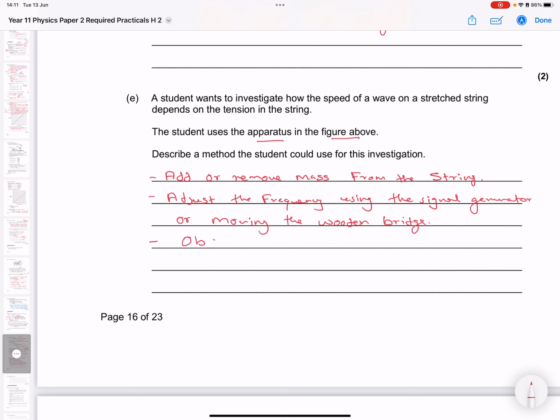So observe a steady stationary pattern of wave, or standing wave. So measure the wavelength using a meter ruler.